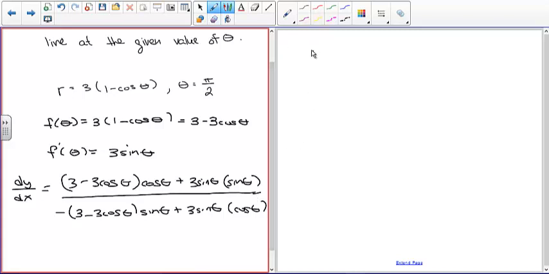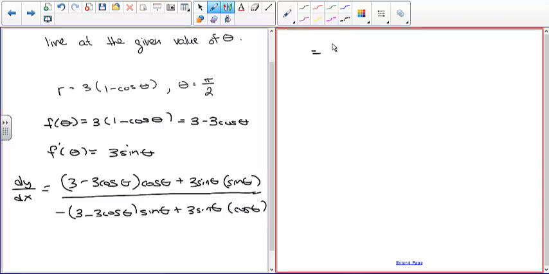Now, believe it or not, this is going to simplify. So let's just multiply everything out.